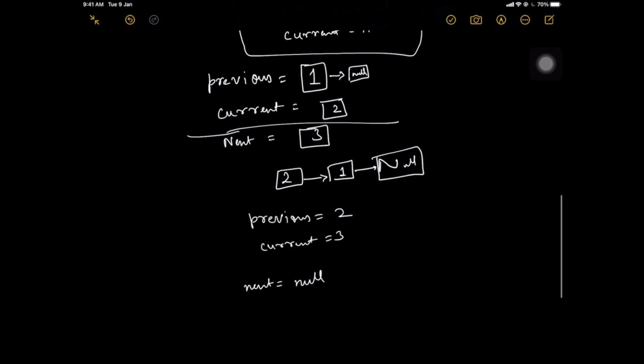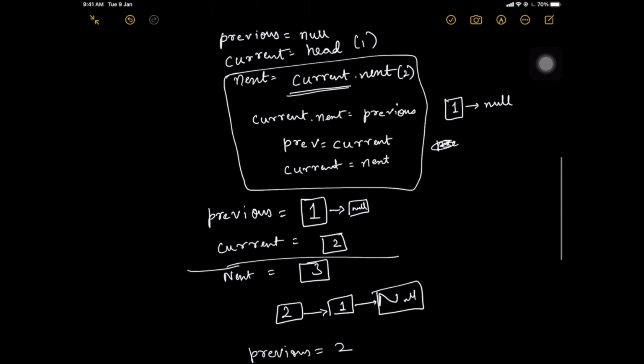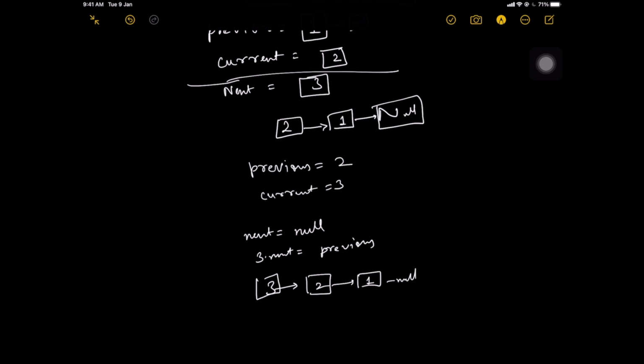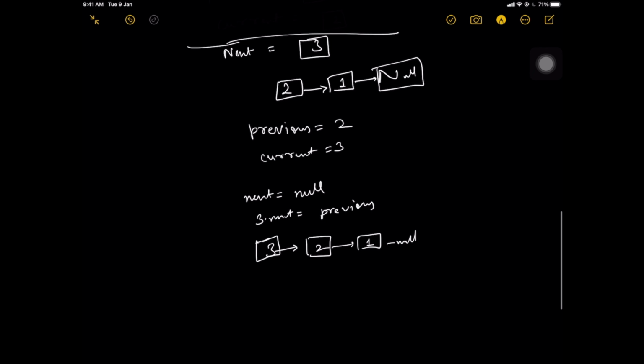Then the next statement that we execute is current dot next, which is 3 dot next, becomes previous, which will lead to 3, 2, 1 and null, right? And then we have previous is equal to current, and current is equal to next. Next is null, so current becomes null.